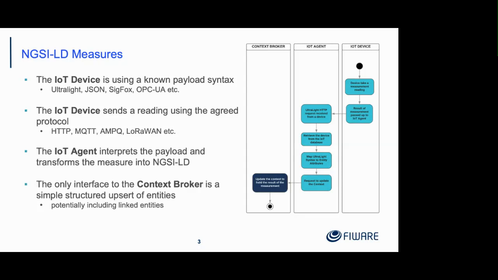The IoT agent is here to solve the job where the device is dumb, the device is low power, the device can't think, the device can just send a message and that's it, and additional work needs to be done somewhere, either on the edge or in the cloud. So the only interface that a measure deals with is a structured upsert, potentially including linking entities.